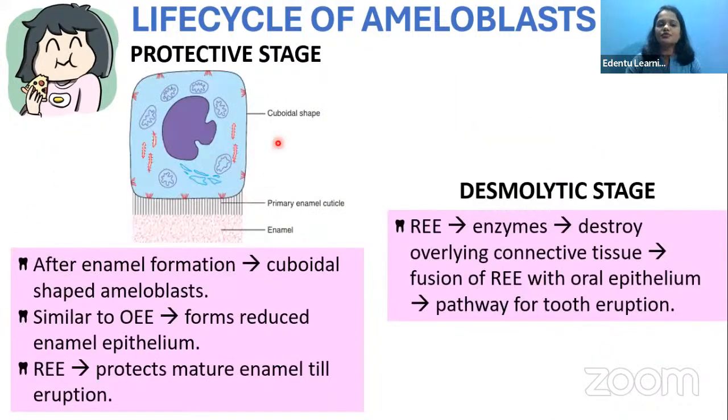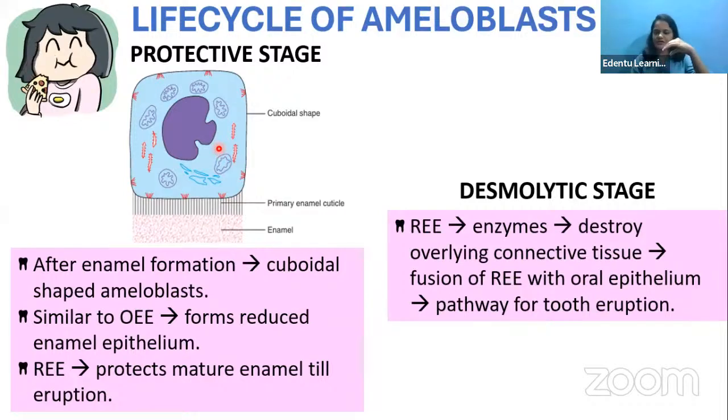Now if you look at the protective stage, look at the shape of the cell. It has become cuboidal in shape. After enamel formation, the cells lose their columnar nature and become cuboidal, and they now look very similar to the outer enamel epithelial cells, and form something called the reduced enamel epithelium.